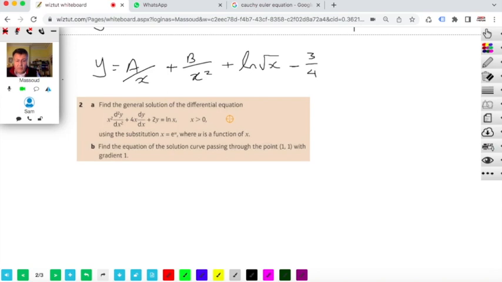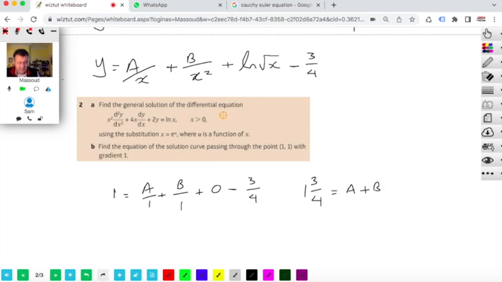So if we just have a look at what we have here, we're saying that 1 is equal to a over 1 plus b over 1 plus log natural of that, which is 0, minus 3/4.